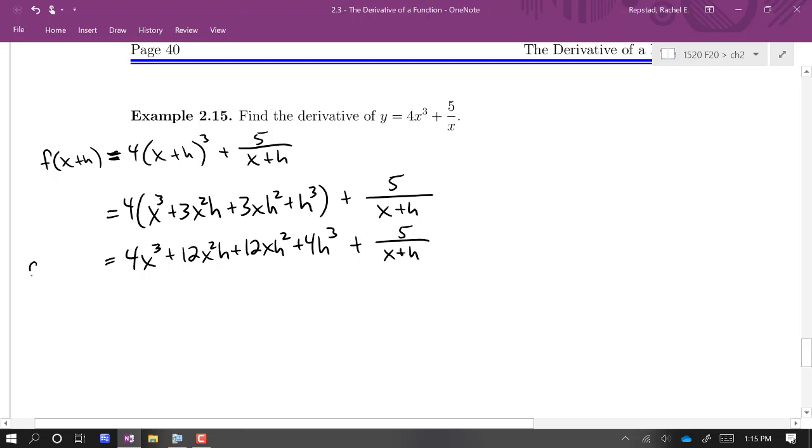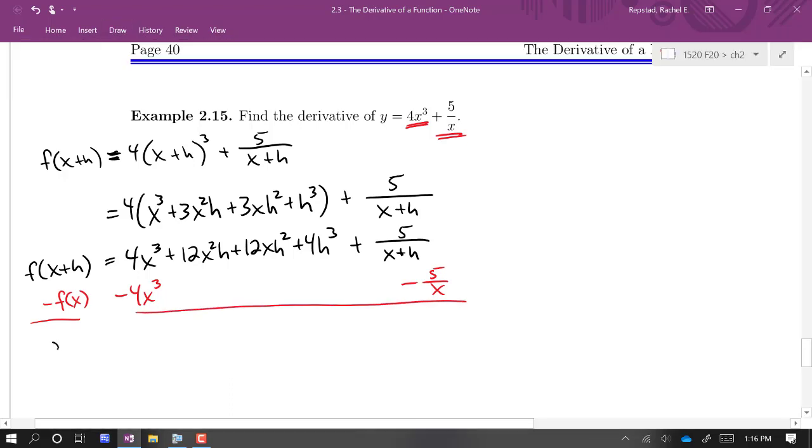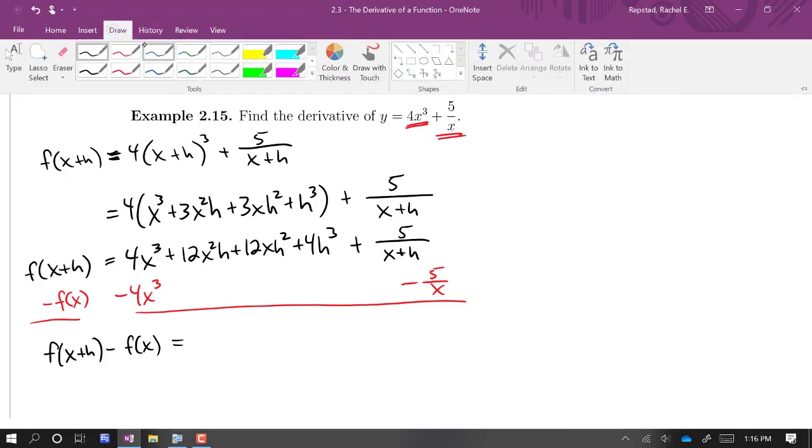All right, so here's f of x plus h. Now let's subtract f of x. So let's subtract that original function. If we subtract f of x, we're going to subtract 4x cubed, and we're going to subtract 5 over x. So over here on the right side, we're going to do some combining of like terms.